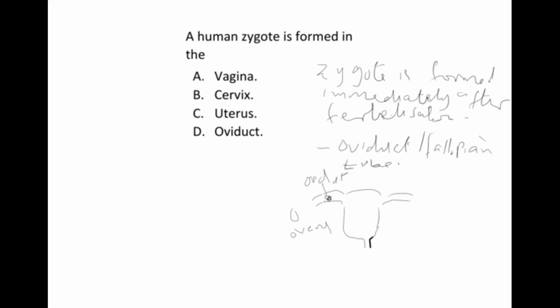So looking at our answers, the human zygote is formed in the oviduct or in the fallopian tube.